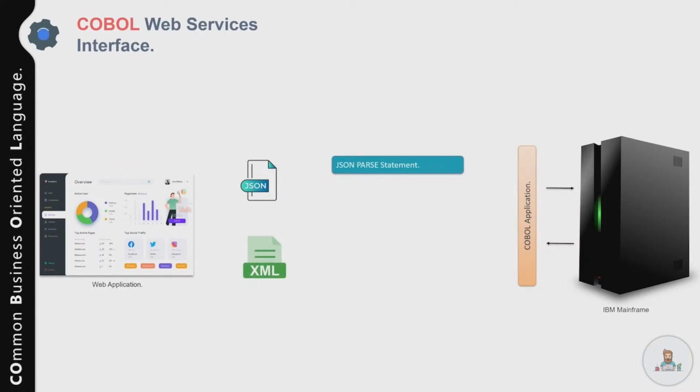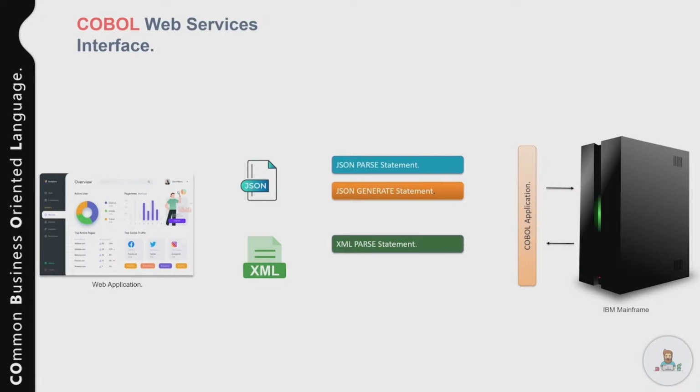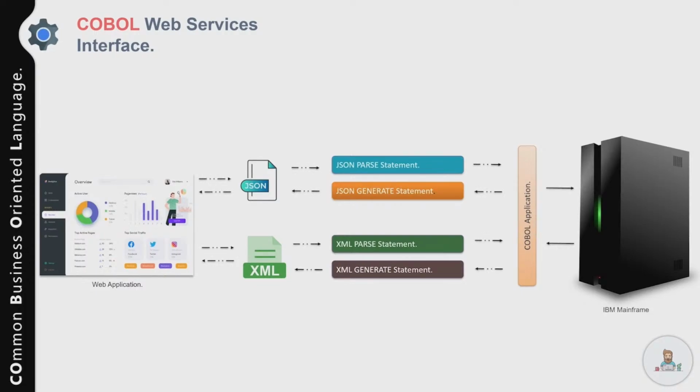The first one is JSON PARSE statement, and this statement is used to consume the JSON message that you've received from the web application. Apart from that, you can use JSON GENERATE statement that will convert the COBOL data item or the COBOL output into a JSON format that can be processed by a web application.